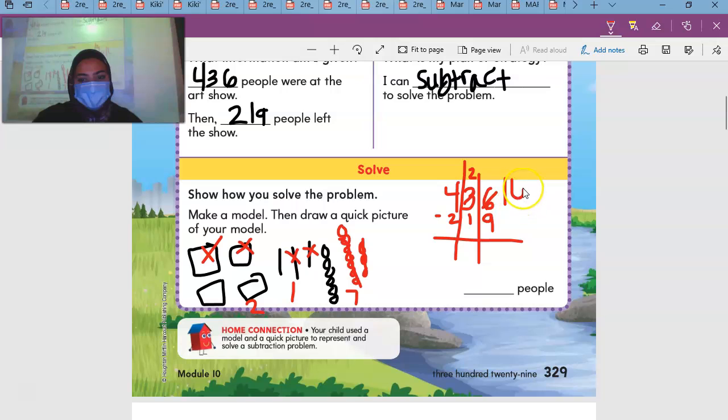Remember, you're subtracting, okay, not adding. 16 take away 9 is 7. 2 take away 1 is 1. And 4 take away 2 is 2. You see how you get the same answer? 217, 217.